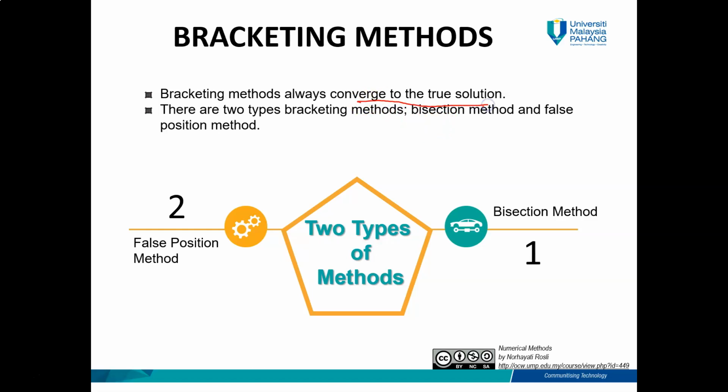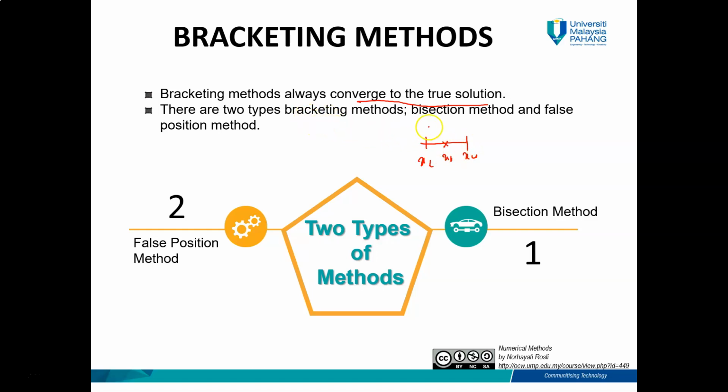This is the most important part, because sometimes when we use, for example, open methods, the solution will diverge. But for the bracketing method, we always bracket the root. For XL and XU, we know that in between these two, we have XR. The root is always bracketed, which means that the solution will converge.